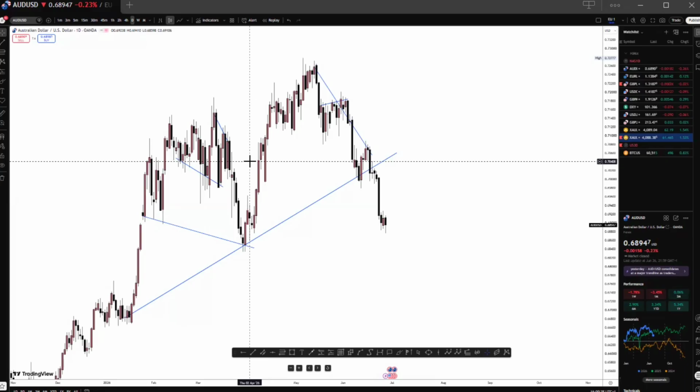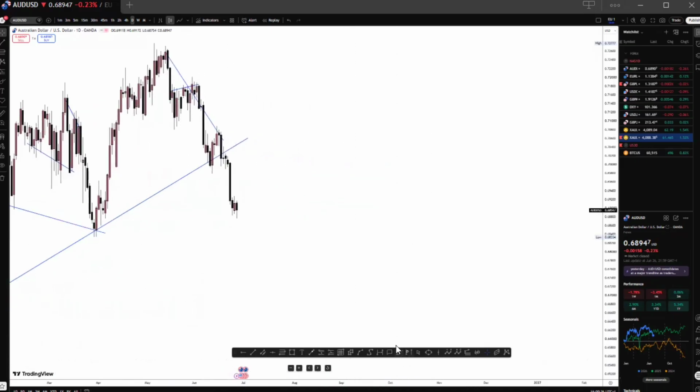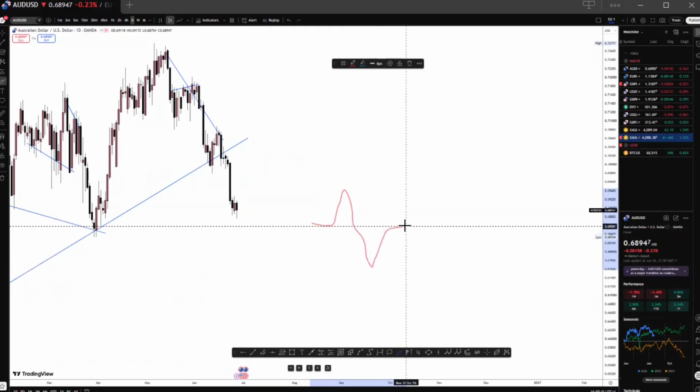Now, what's a candlestick? Candlesticks are data presentation that help you understand the opening of price, the high of price, the low of price, and the close.